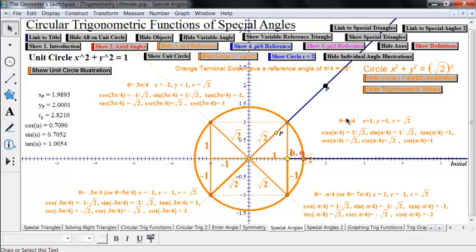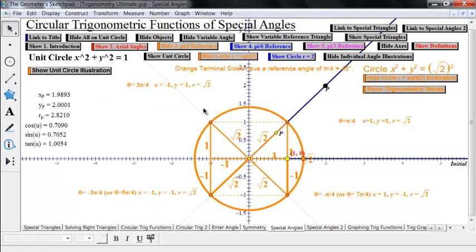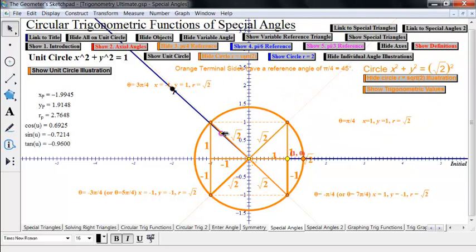Okay. Similarly, let's look over here at the one in the second quadrant. So now we're going to rotate around. And so where are we rotating? We're rotating from here. And what are we doing? 1, 2, 3 times pi over 4. And we're choosing our point to be the point right here.